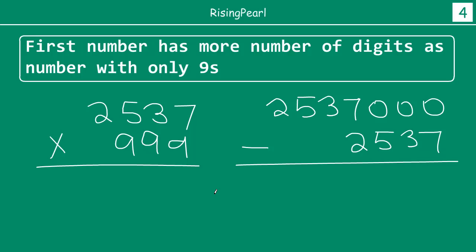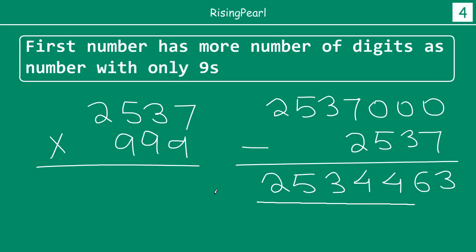So this one will be 3, 9, 3, 6, 9, 5, 4. 7 is 6 now, so this will be 4, and then we will have 2, 5, 3. So the answer will be 2, 5, 3, 4, 4, 6, 3.